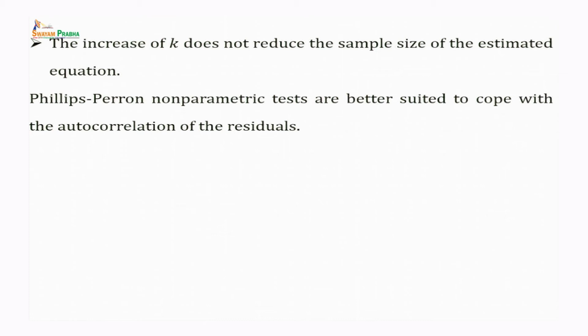So, this is one more advantage of Phillips-Perron. So, normally to take care of the autocorrelation of the residuals, the performance of Phillips-Perron is better than the augmented Dickey-Fuller test.